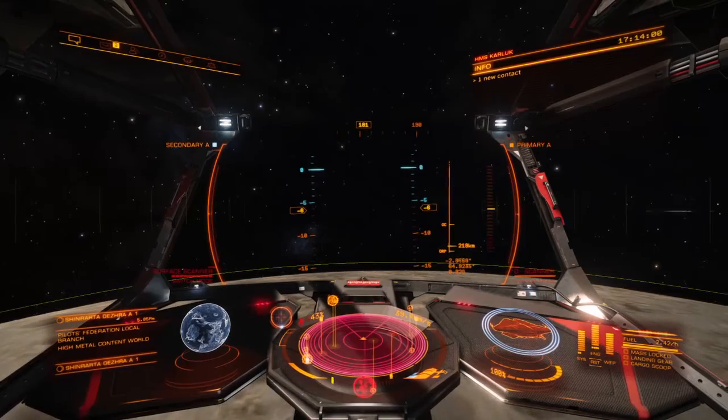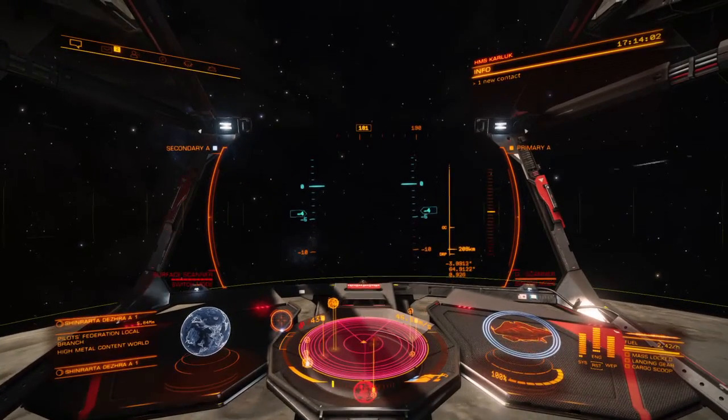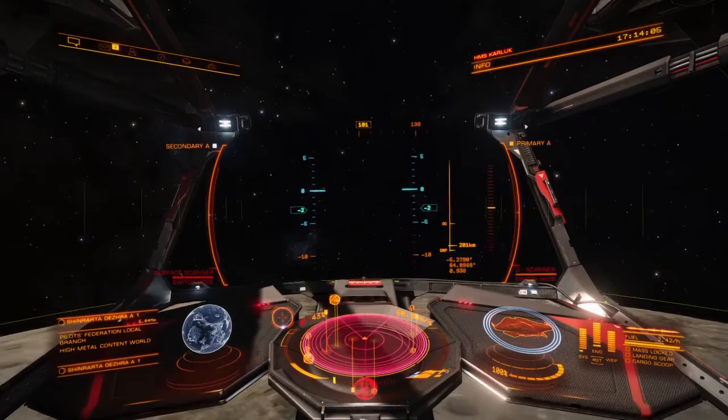So this is how you find your grid coordinates. Let's say I wanted to go -50, -50, just for a nice round number.